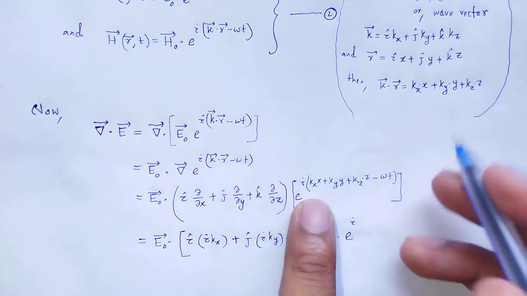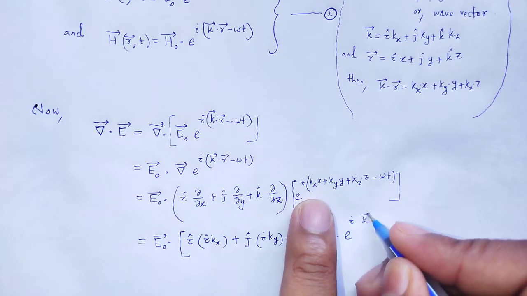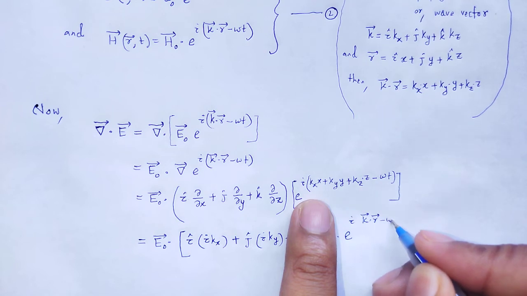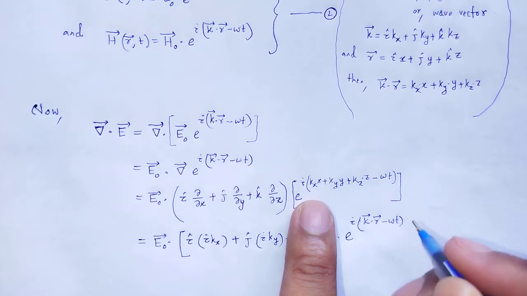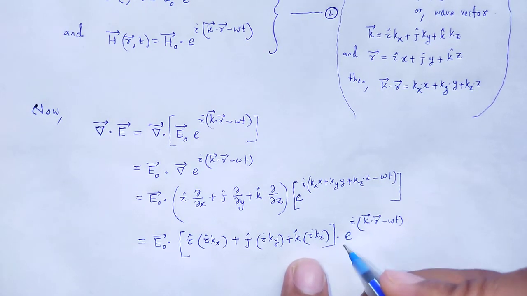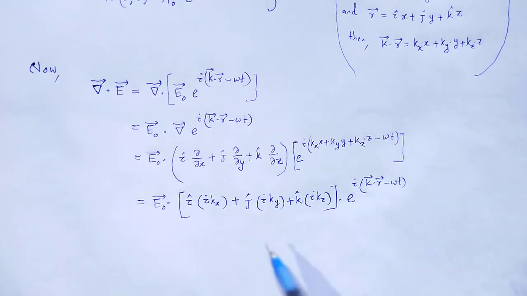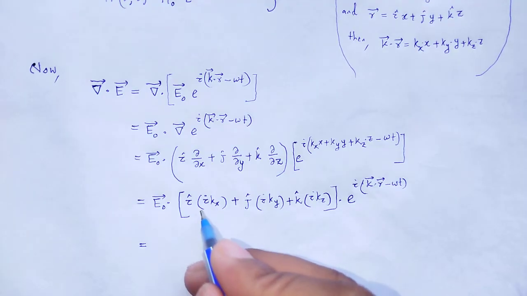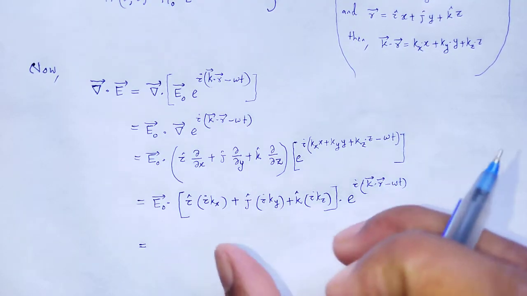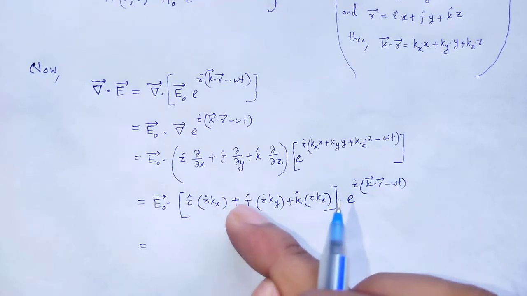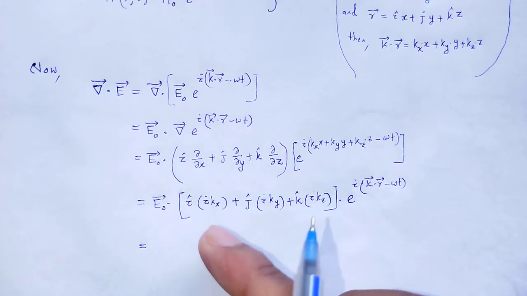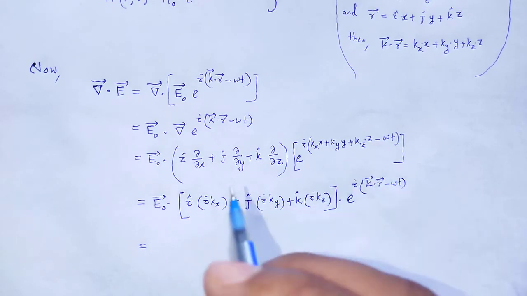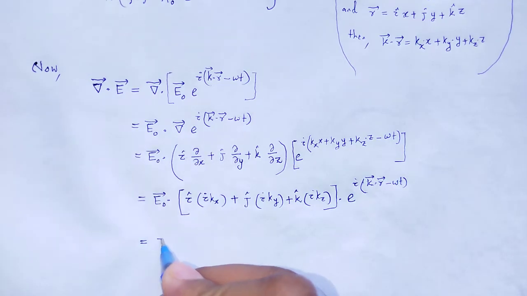Now we write its original form, k dot r minus omega t, is equal to, in that bracket, each term contains i, taken outside.